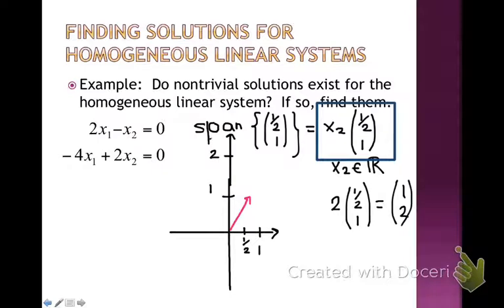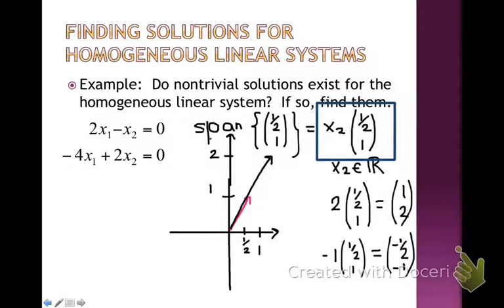So if we were to graph the vector 1, 2, then we would get the following vector. Likewise, if I again just change the value of x2, let's say that x2 is -1, then we have -1 times the vector 1/2, 1, which gives us -1/2, -1.